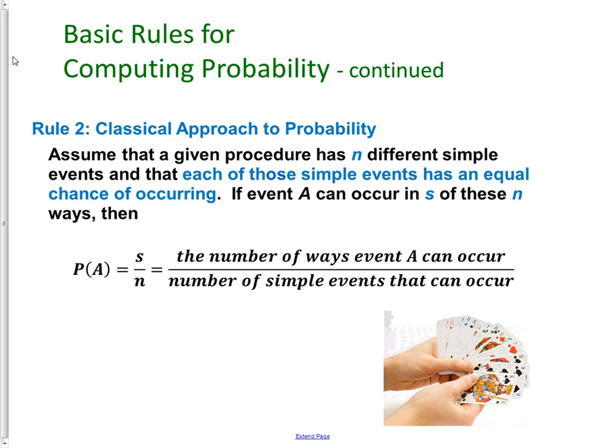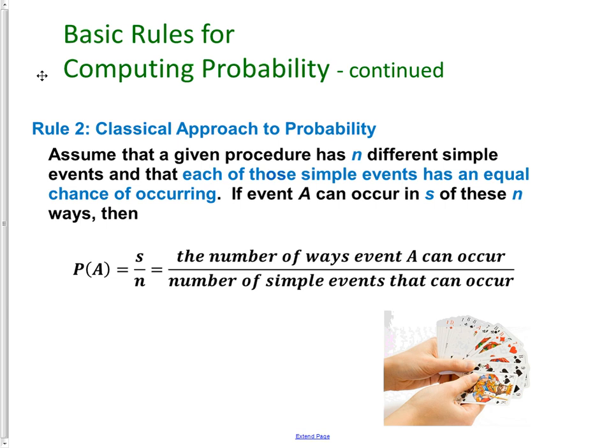Another rule for computing probability is called the classical approach, where we assume that a given procedure has N simple events, and each of those simple events has an equal chance of occurring. If an event A can occur in S of those N ways, then the probability of event A is S over N. We computed our dice experiment, for example, in the opening screen.